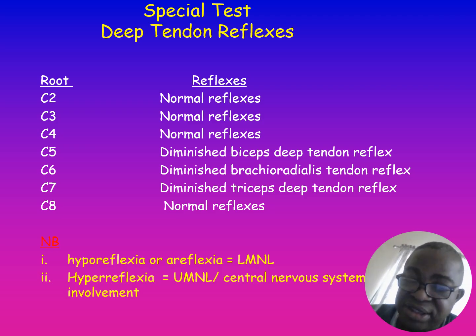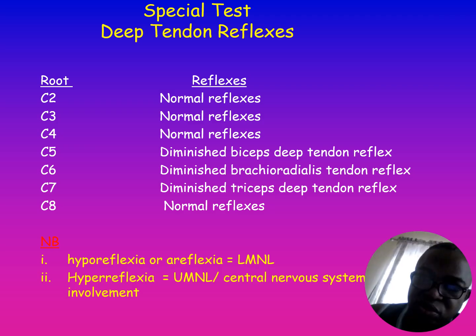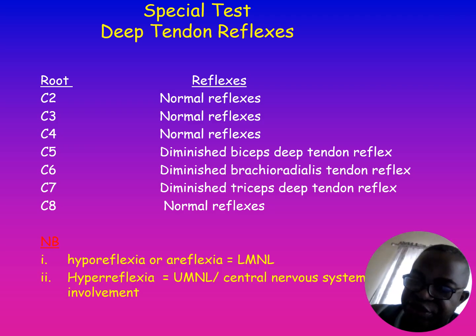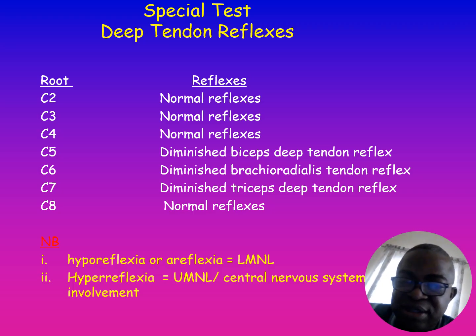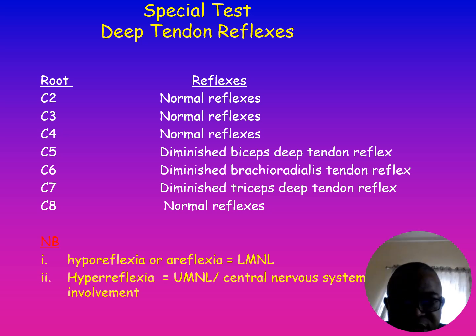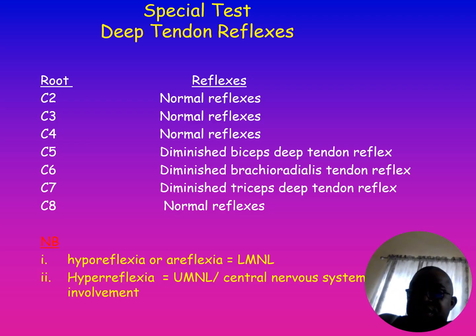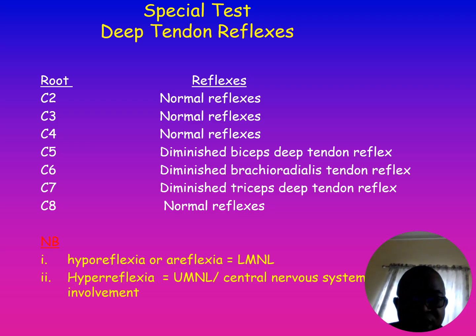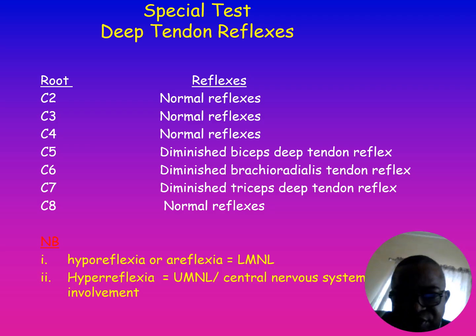There's a release from the central nervous system on the control of C5, and that usually happens in upper motor neuron lesions like stroke, like Parkinson, like any of those. C6 controls the brachioradialis tendon reflex, and C7 controls the tricep tendon reflex. C2 to C4 and C8 are not usually involved in reflex control.